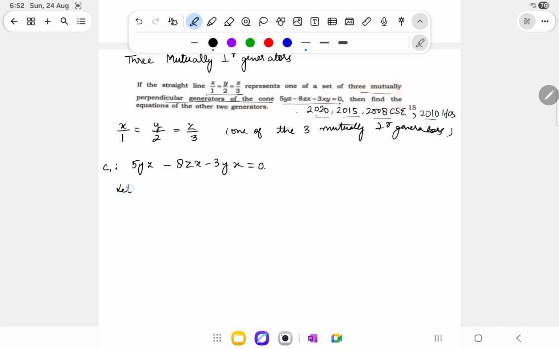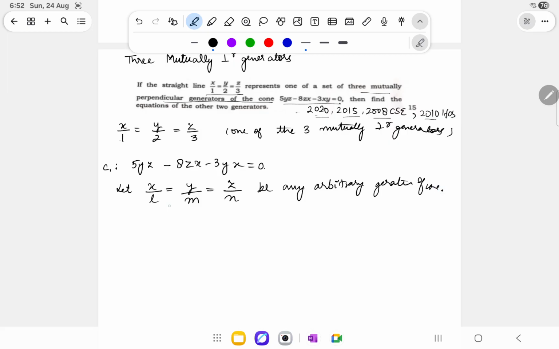So let x by L equals y by m equals z by n be any arbitrary generator of cone.